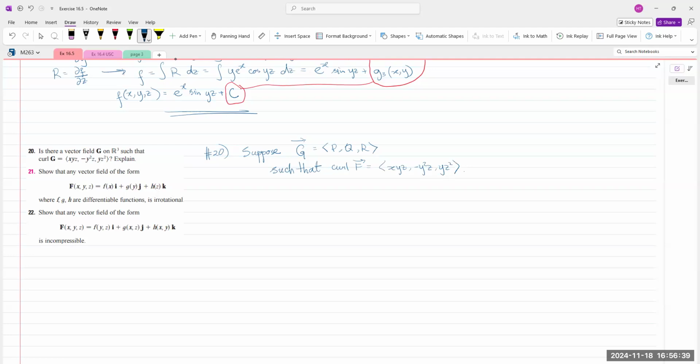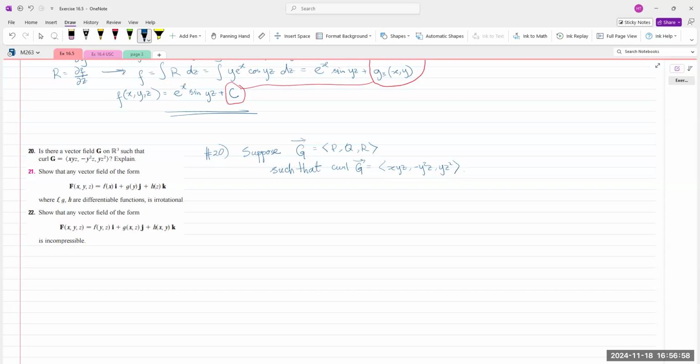Now suppose we have such a vector field G, not F, sorry. Notice that the x, y, and z components are all continuous, right?